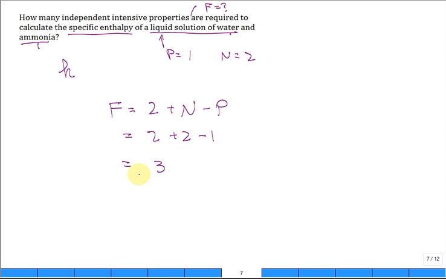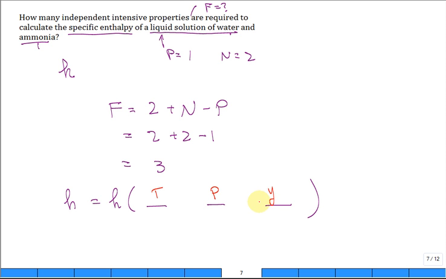3. So for example, if I needed to calculate the enthalpy, it would be a function of what type of 3 things? I have a liquid solution of water and ammonia. Temperature, pressure, and a mole fraction of either water or ammonia.